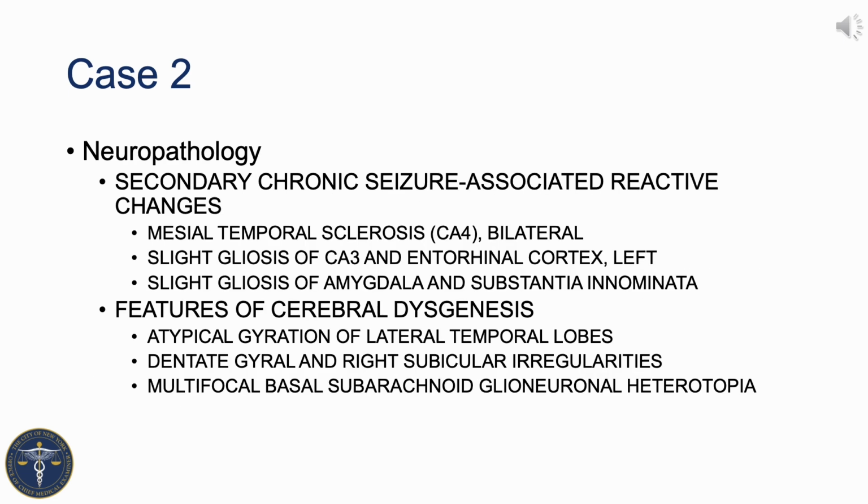Full neuropathology was performed, which revealed bilateral mesial temporal sclerosis, as well as features of cerebral dysgenesis. In addition, there was focal sparse perivascular leptomeningeal mononuclear infiltrate identified on histologic sections.